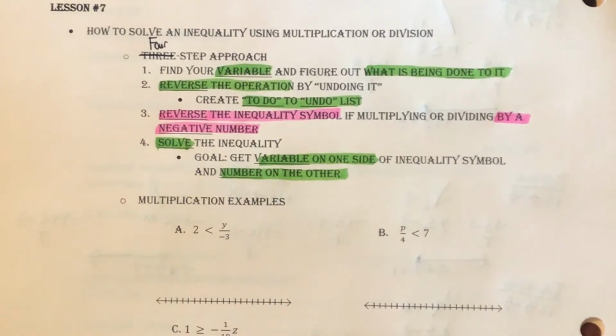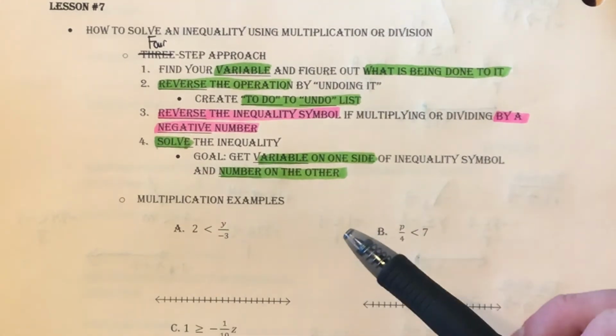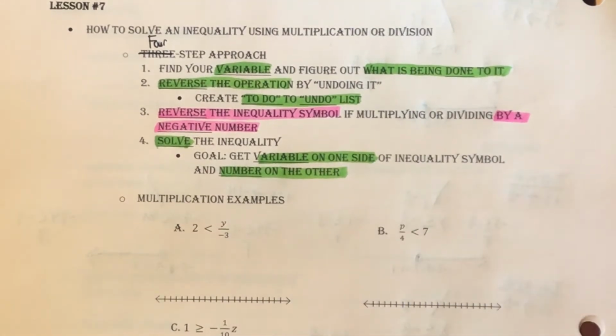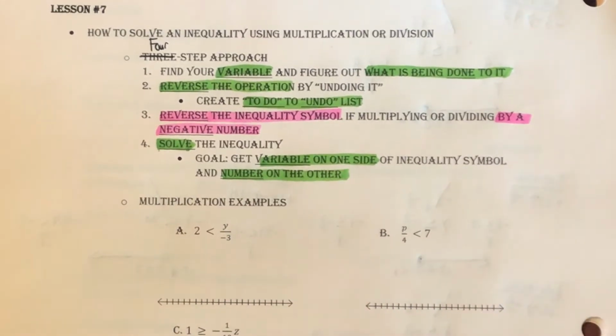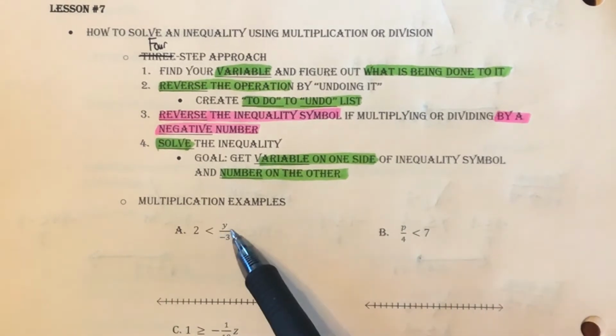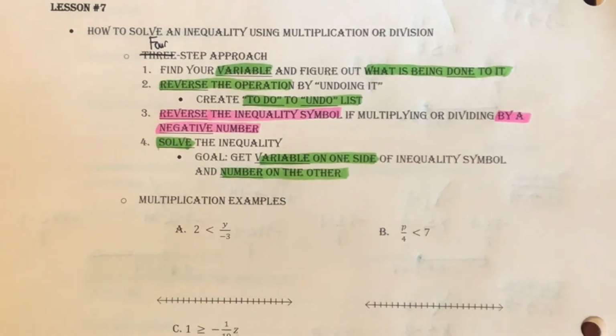So example A says 2 is less than y over negative 3. Well, remember that when it's over, a fraction really means division. So they're actually dividing y by the number negative 3. So when we go to solve this, we need to figure out, where's our variable? Well, here it is on the right side of the inequality symbol, which is completely fine, that's allowed. What's happening to it?